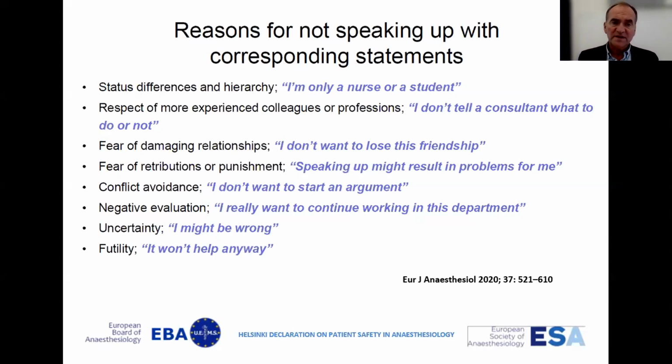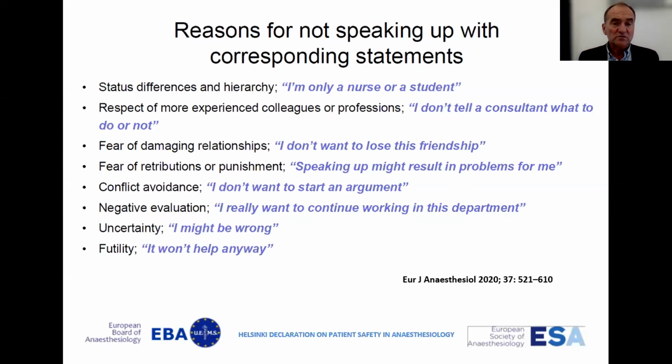It could be the fear of damaging good relationships. I mean, I'm the colleague of someone, we're even friends, and when he or she is doing something that they shouldn't have done, I'm reluctant to tell them because I'm afraid of losing their friendship. It could be fear of retribution or punishment. If I speak up, that might result in problems for me later.